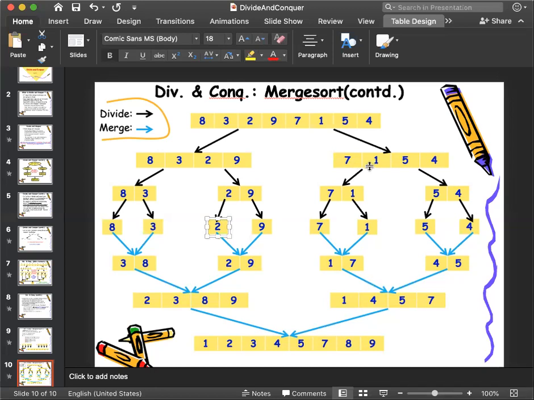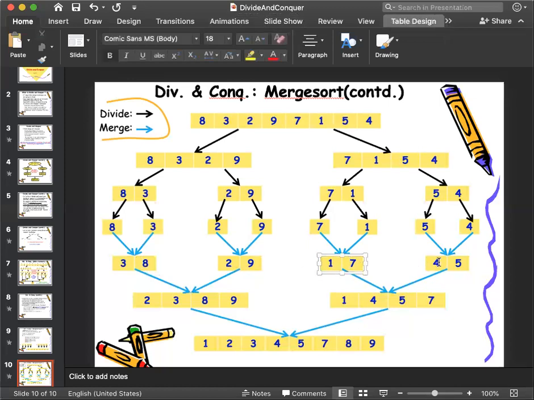On the right hand side, as you can see, there are again 4 numbers, so I divide them into two parts: 7 1 5 4. Then 7 single, 1 single, 5 and 4, and combine them again. Between 7 and 1, the lowest is 1, so 1 goes first. Between 4 and 5, 4 is the lowest, so 4 goes first. Now I have lists of two numbers.